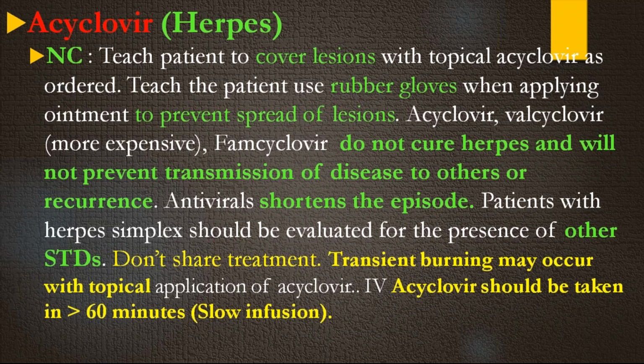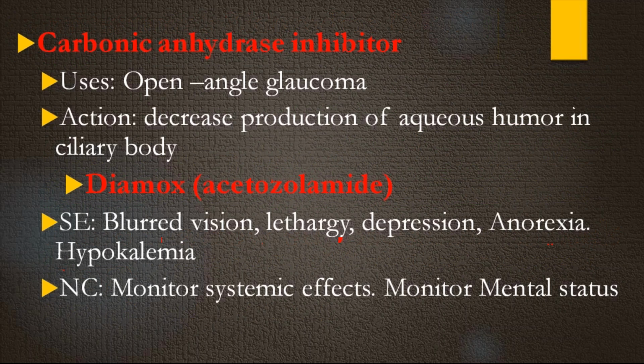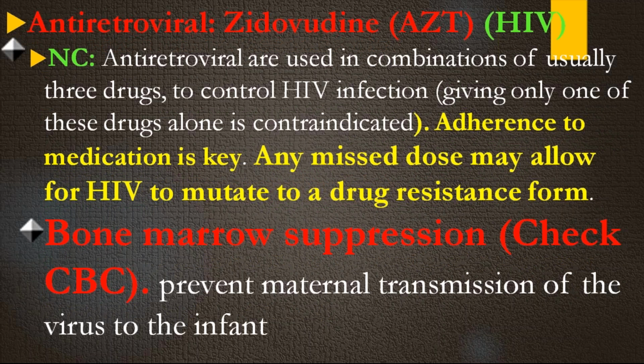All right, so let's talk about the antivirals. The really important one is the medication for HIV, zidovudine. Zidovudine, HIV, side effect: bone marrow suppression. If you have bone marrow suppression, you have low white cells and/or low platelets and/or low red blood cells.